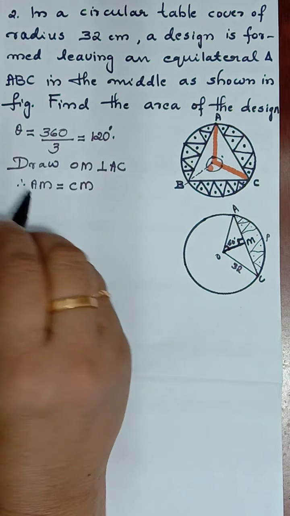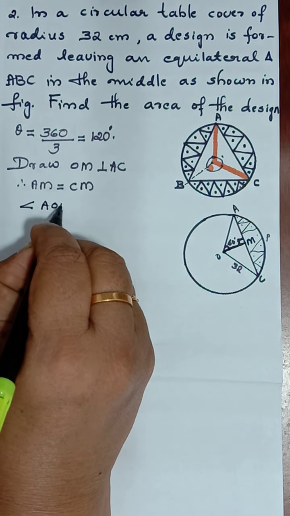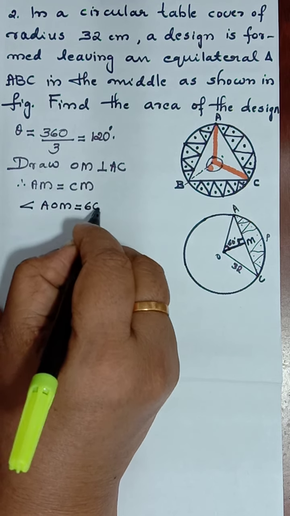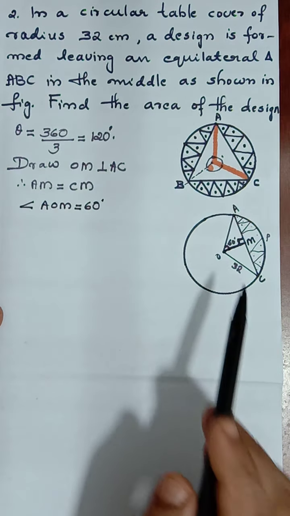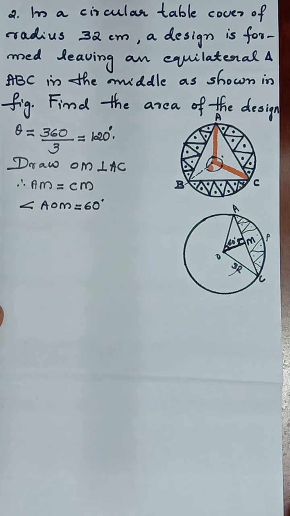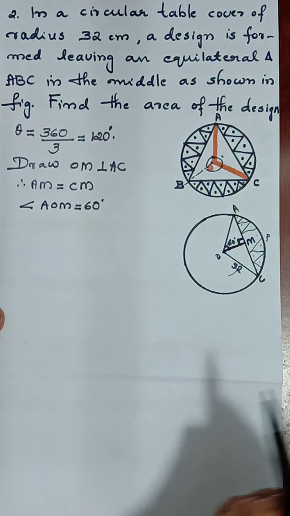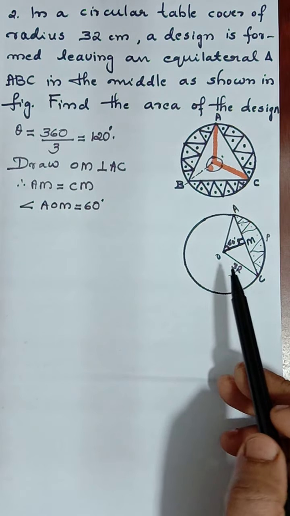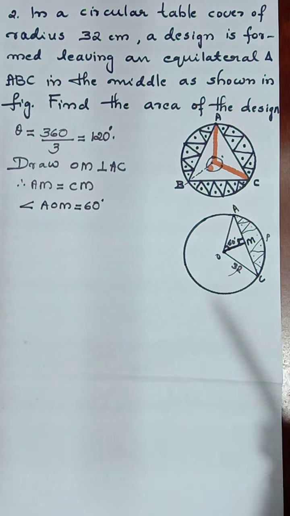Therefore, directly we can write angle AOM is equal to 60 degree. So 120 is divided equally. So 60 we are getting as angle AOM. So no need of writing about the congruence, just try to understand, as it will be very lengthy if you write everything. Okay, so here we have angle AOM equal to 60 degree.